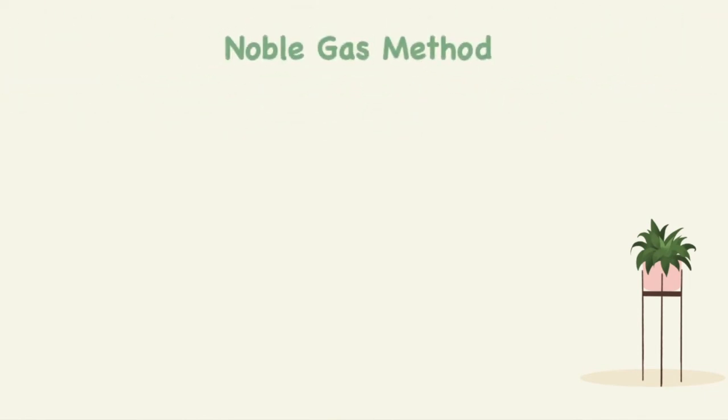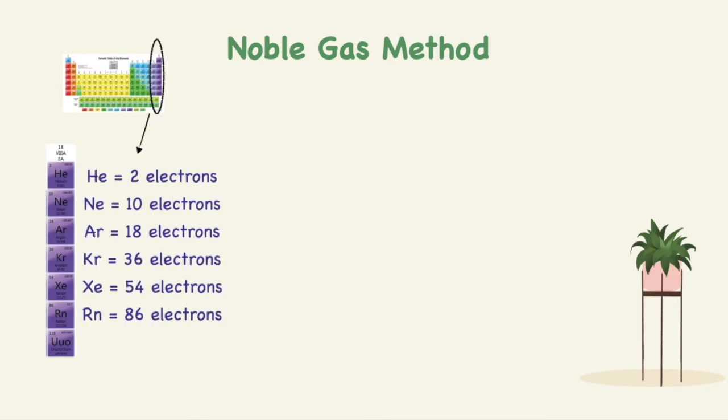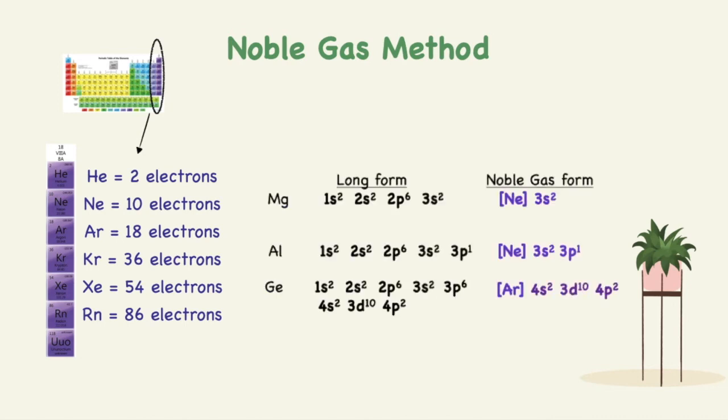We can simplify our electron configuration using noble gases. Noble gases are a group in the periodic table whose electron configuration is already full in every orbital. They include helium, neon, argon, krypton, and so on. So the noble gas is like a shortcut. We make the long configuration become simple.